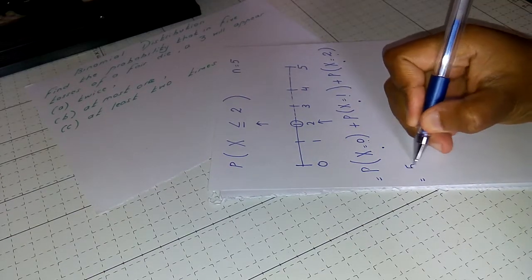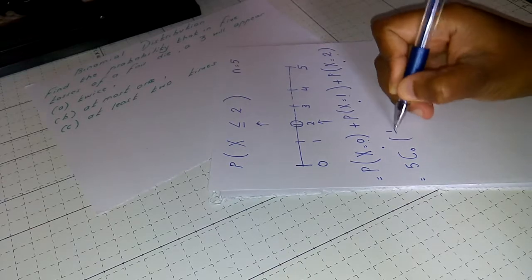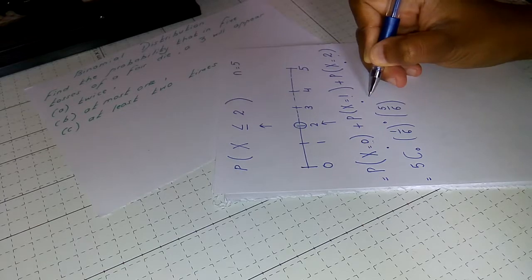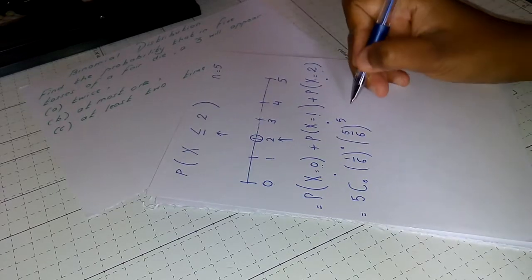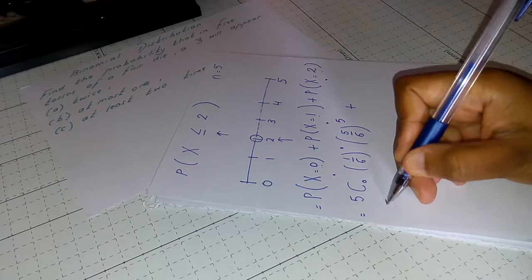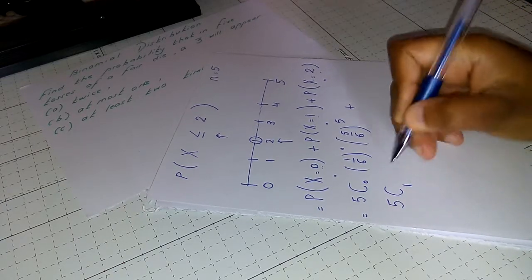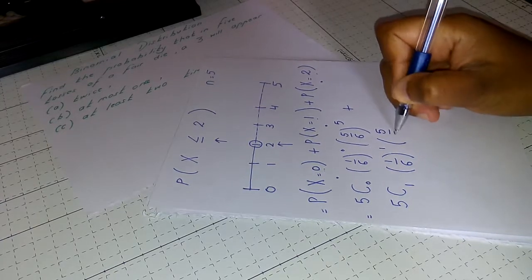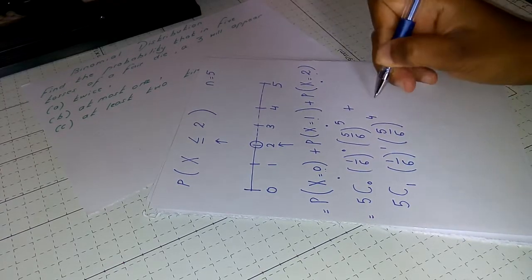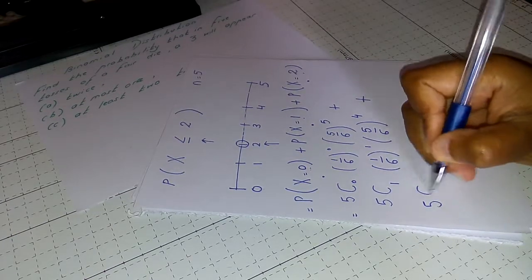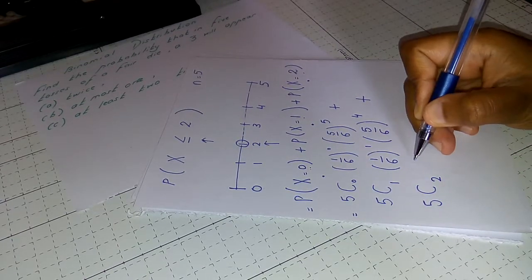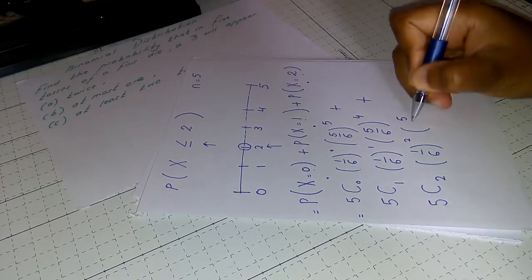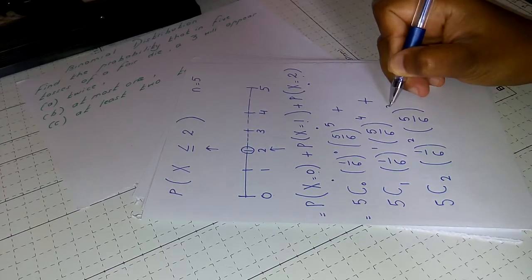So it's going to be 5C0, 1 over 6 power 0, 5 over 6 power 5, plus 5C1, 1 over 6 power 1, and then 5 over 6 power 4, plus 5C2 times 1 over 6 power 2 times 5 over 6 power 3.